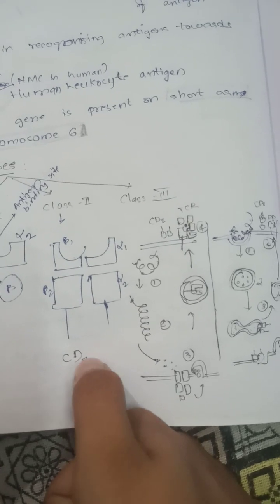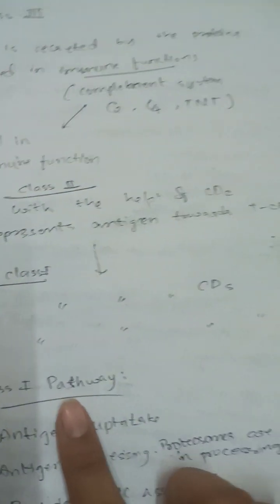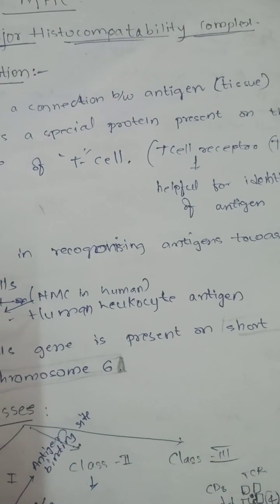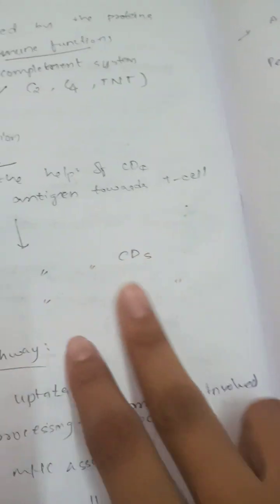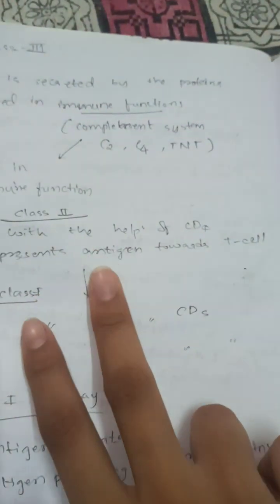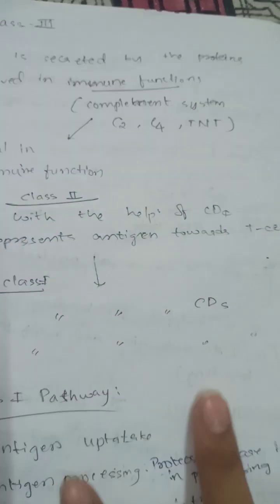It helps in binding. So class 1 MHC is helpful in presenting antigen towards the T cell with the help of CD8, while class 2 MHC with the help of CD4 presents antigen towards the T cell.